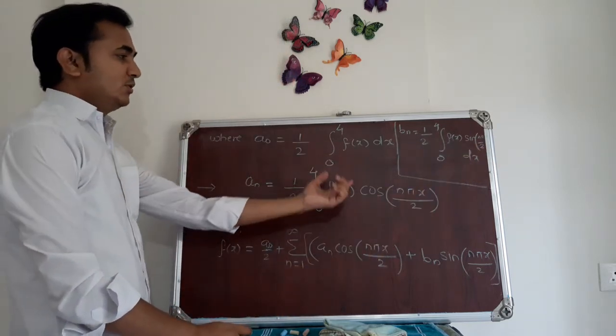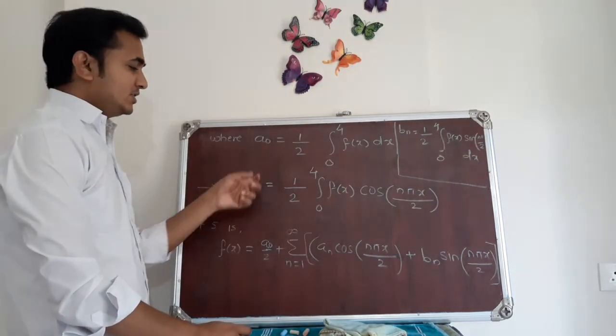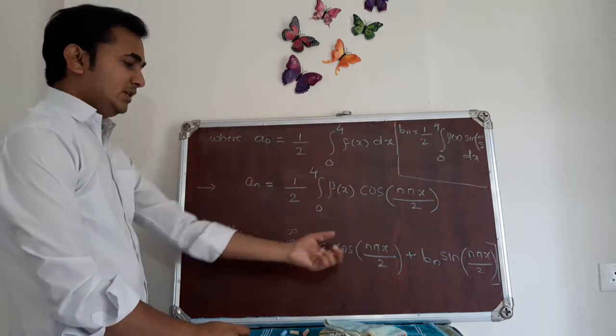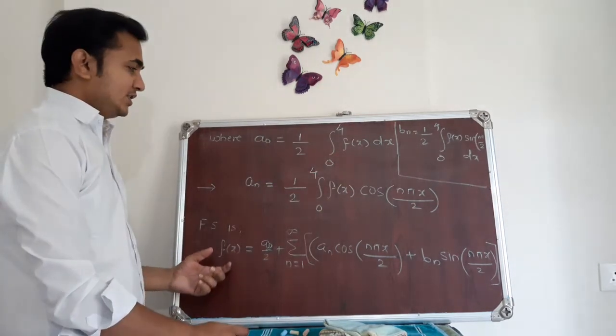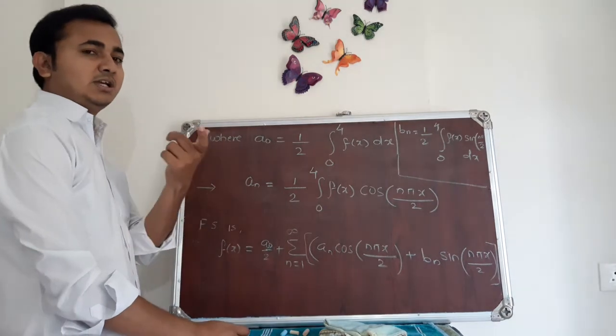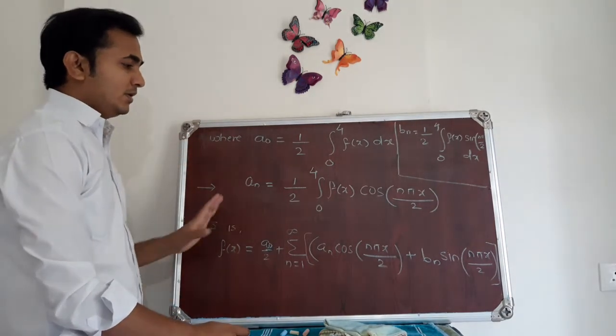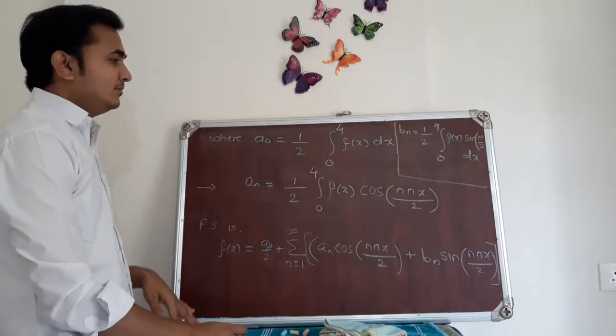So f of x is given to you. Find out these three Fourier coefficients and put them here. You will get the Fourier series of that given function for the interval 0 to 4. So this is one kind of problem.